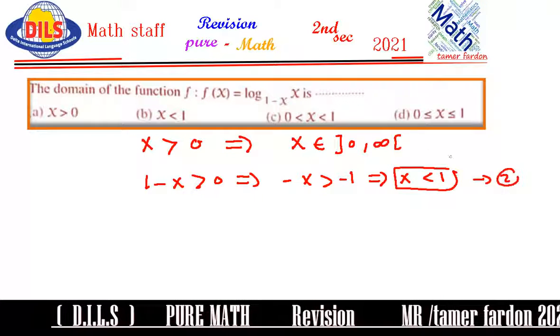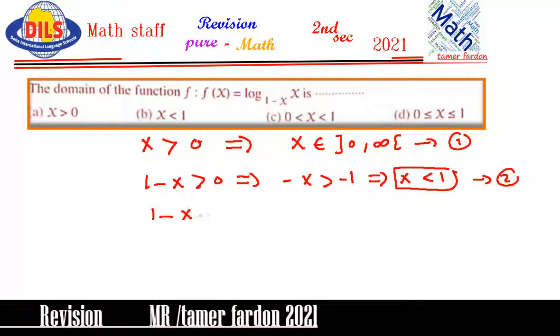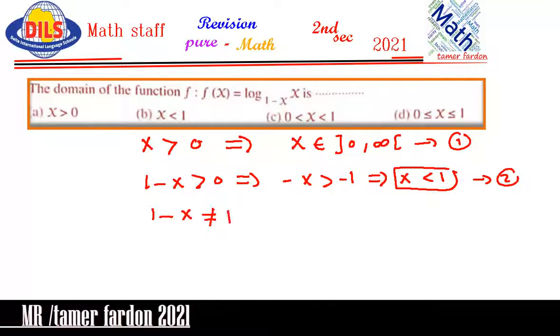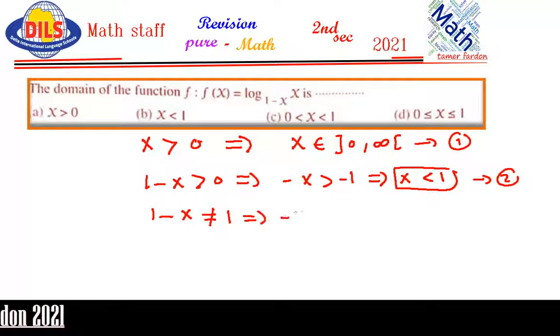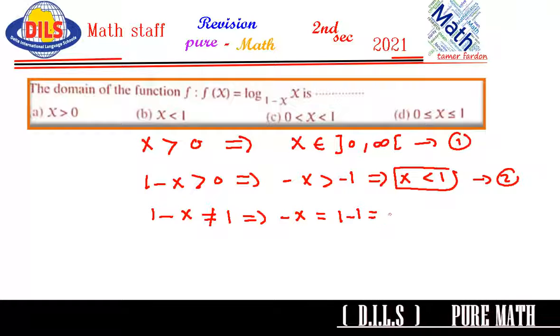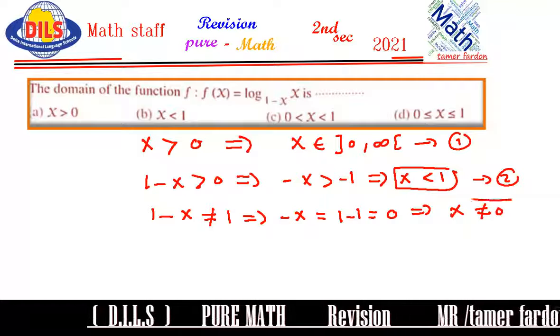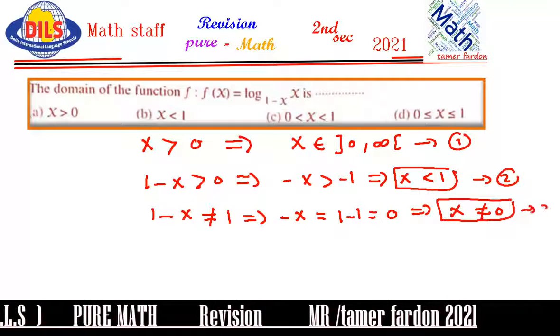That is condition number 2. Number 3, 1 minus x doesn't equal 1, so negative x doesn't equal 1 minus 1, which equals 0, so x doesn't equal 0.